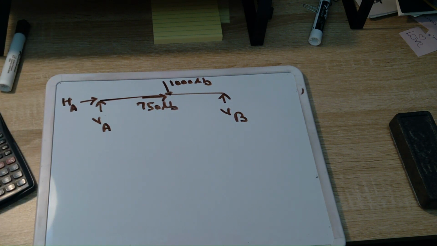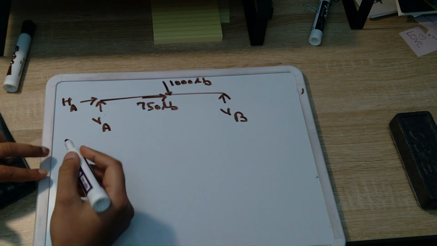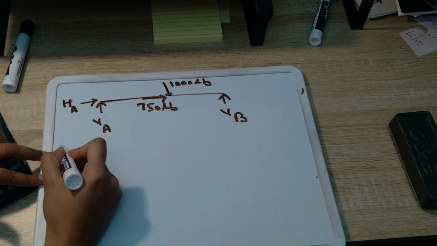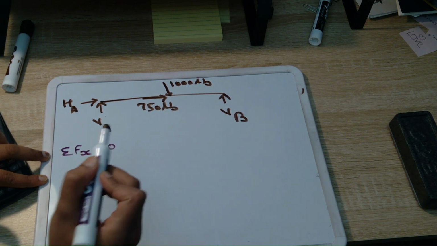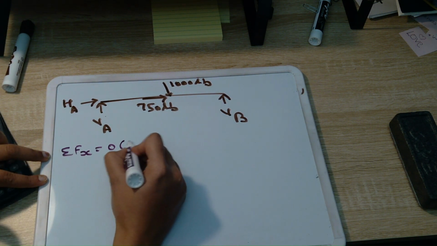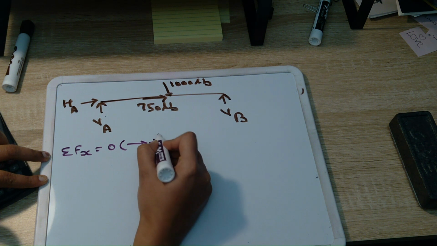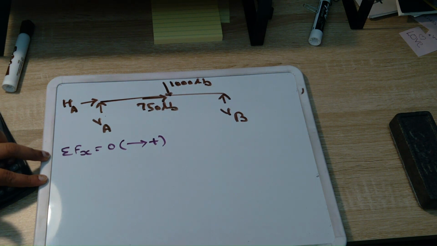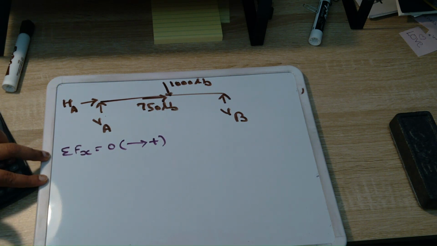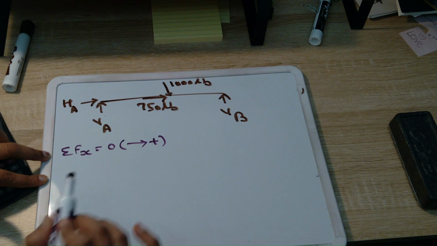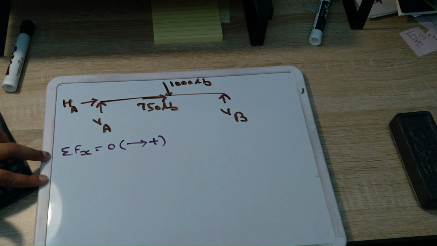We will apply equations of equilibrium. Summation of Fx is equal to 0, considering right hand side force as positive. Always write this sign convention before solving this equation so that you will not make any mistakes in the signs.